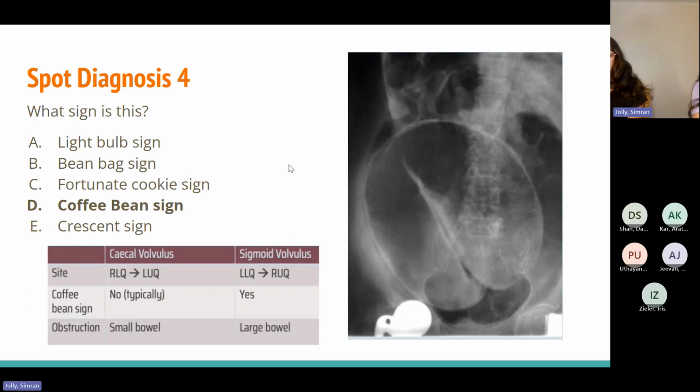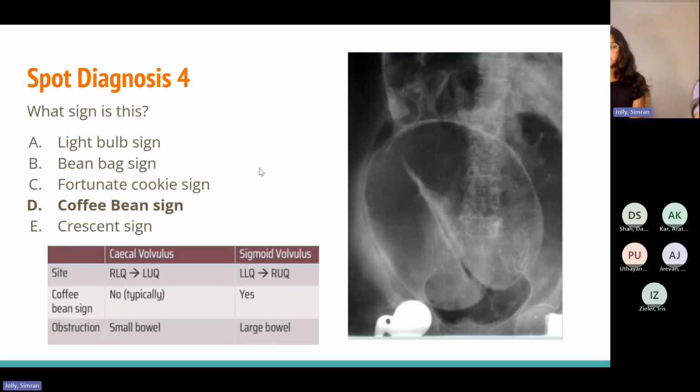And it's associated with a sigmoid volvulus. A volvulus refers to torsion or twisting of the bowel around its mesenteric axis. So it's just a twist in the bowel that you'll be able to see. The coffee bean sign is an important one that's associated with the sigmoid volvulus, which is the end of the large bowel.